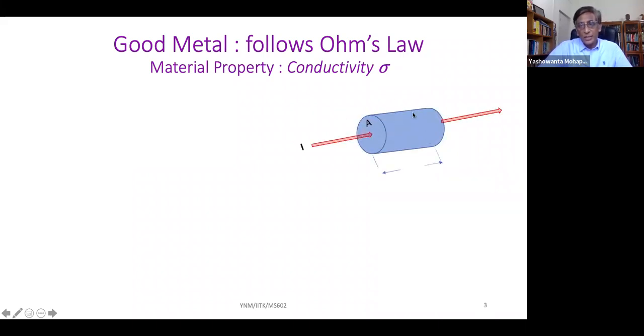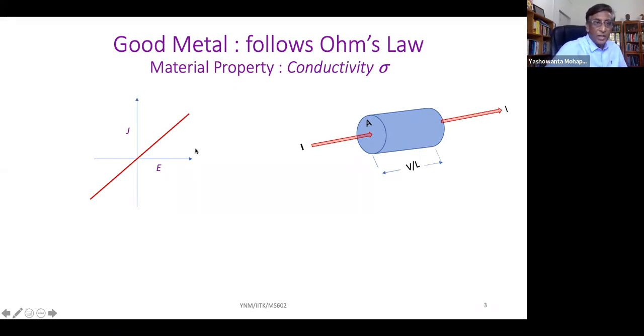So let's take that copper cylinder, with cross-sectional area A and a current I. I can apply an electric field, which is V by L, and then instead of I and V, I can plot E, the electric field, against the current density J, which is I by A, and that also should be a nice straight line.